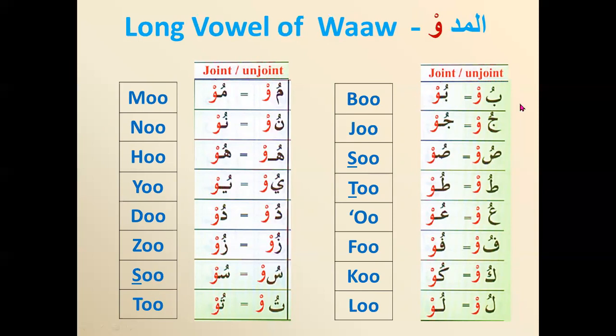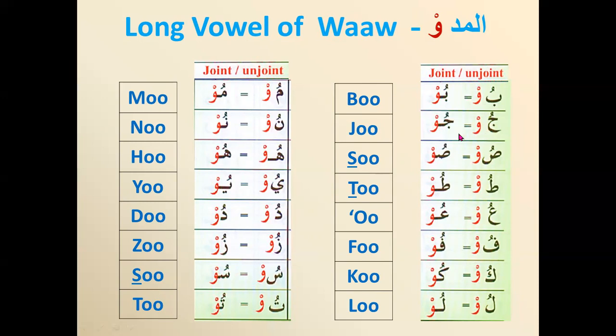So you see, once the two letters are joined together, this will be the shape of these two letters. Ba, damma, waw, sukun, bu. How do you read? Bu.